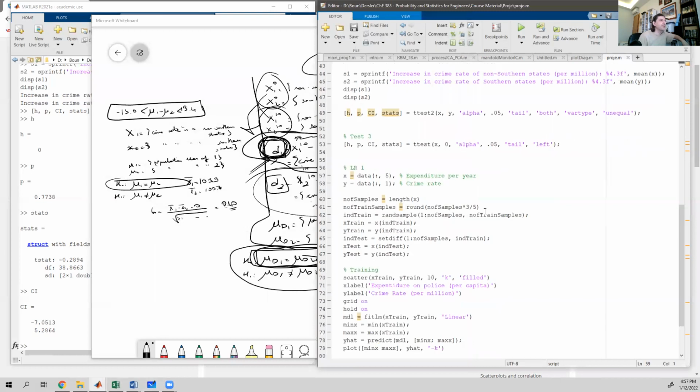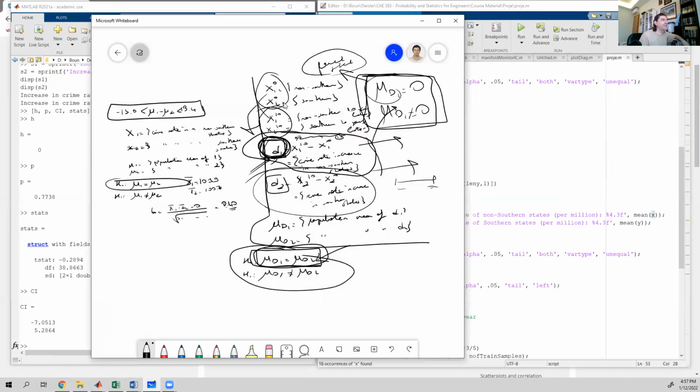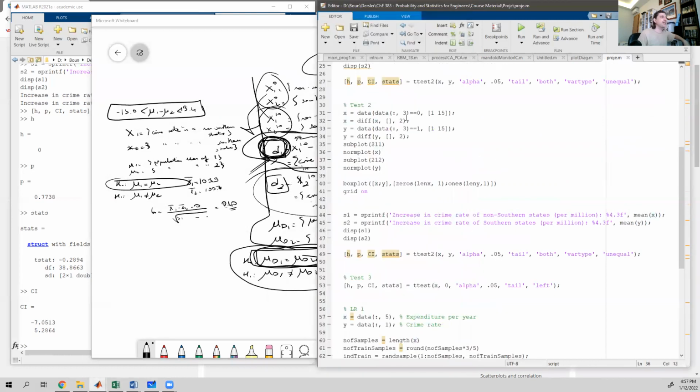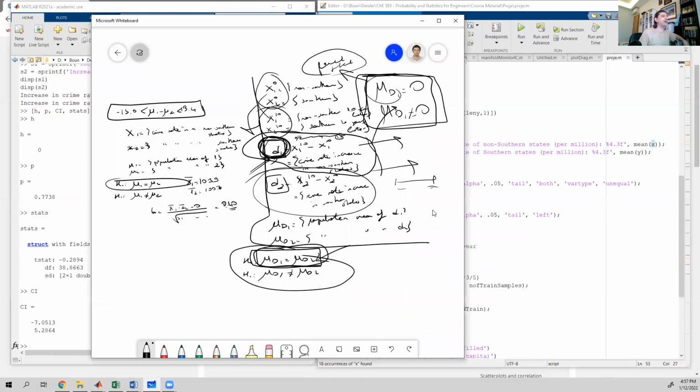So in this case, I feed the values of x here, which corresponds to the first difference, of the non-Saturn states. So I use the command ttest for this case. This 0 is to test whether the mean of this x can be equal to 0 or not. And this time, although I said not equal to 0, I have used a one-sided test. So the question is whether the crime rate has decreased or whether it is constant.